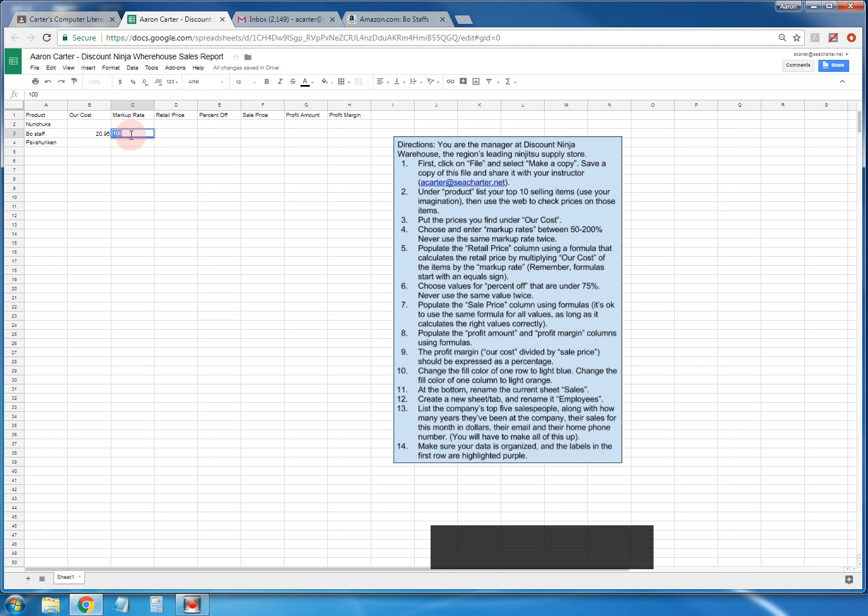So 100% actually equals 1, doesn't it? If you were going to do 50%, it would be 0.5. If you were going to do 200%, it would be 2. 2 equals 200%. 1 equals 100%.